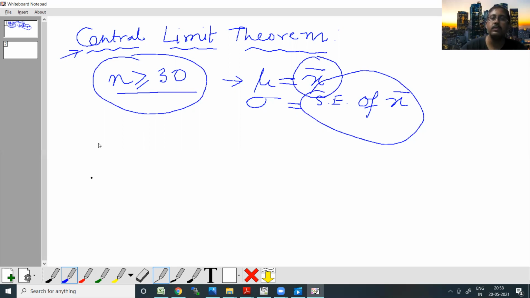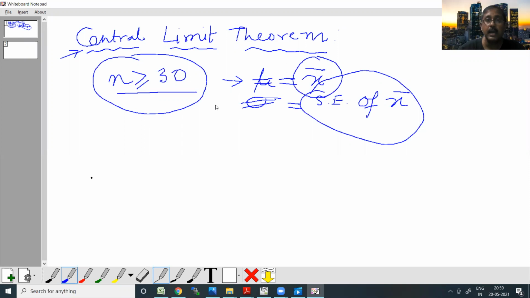Now, one thing we also need to know is that the standard error of x bar has a relation with the population standard deviation. So we need to understand the relation between the standard error for x bar and the population standard deviation, mind it. So I would rather not mention this one as mu, or sigma, because that will become confusing with the population values.